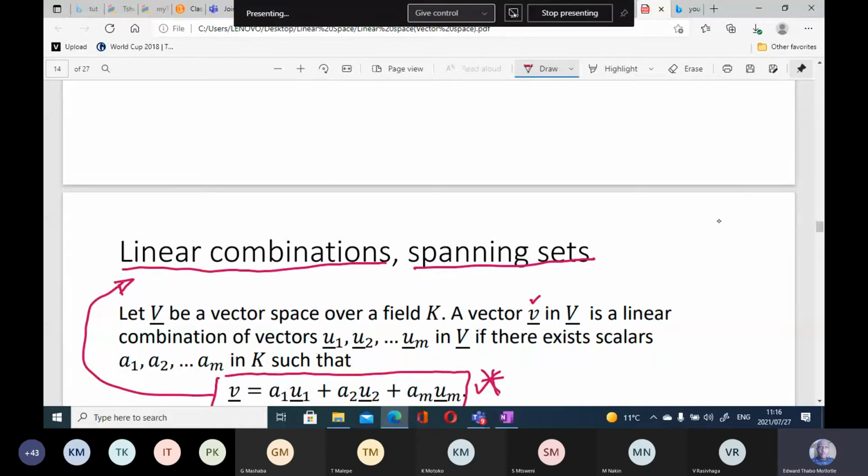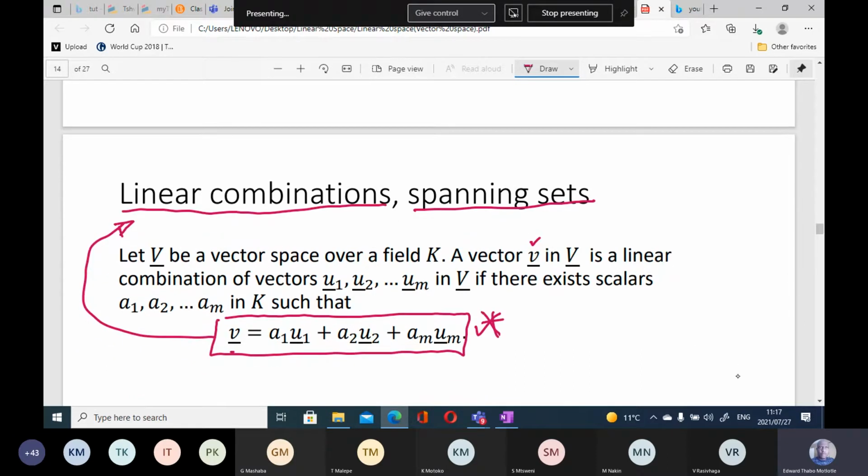Okay, now as mathematicians and engineers, we usually prefer to work with numbers. Now, let's start with linear combinations and spanning sets. So, linear combination: let V be a vector space over a field K, and a vector v in V is a linear combination of vectors u1 up to um if there exist scalars a1 up to am in K such that v = a1u1 + ... + amum.